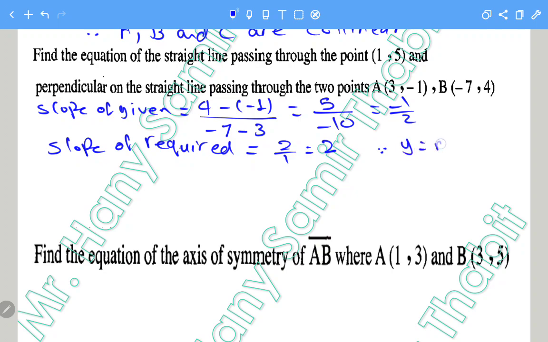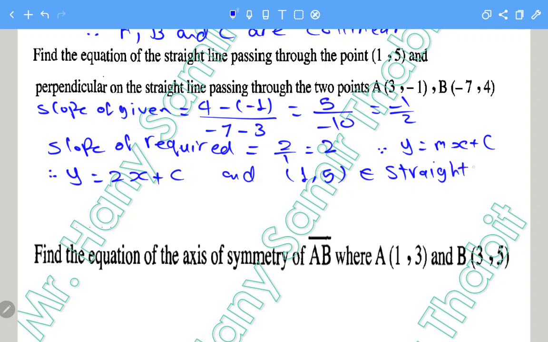Since y equals mx plus c, then y equals 2x plus c, and the point (1, 5) belongs to the straight line. Then this is x and this is y. Substituting with them to find the value of c, then 5 equals 2 times 1 plus c.